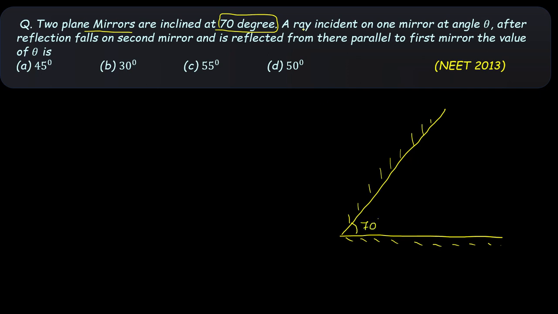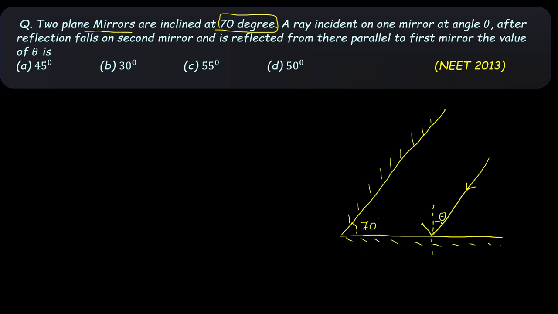Now let's read the question further. A ray incident on one mirror at an angle theta, after reflection falls on the second mirror and is reflected from there parallel to the first mirror. The value of theta is equal to what? Well, so let's say this is the incident ray. It falls on the first mirror at an angle theta.